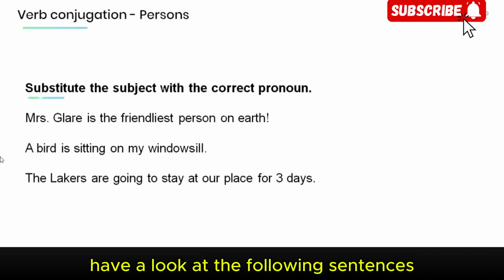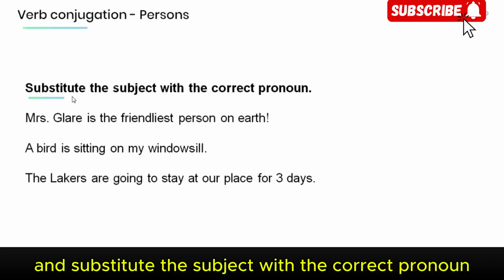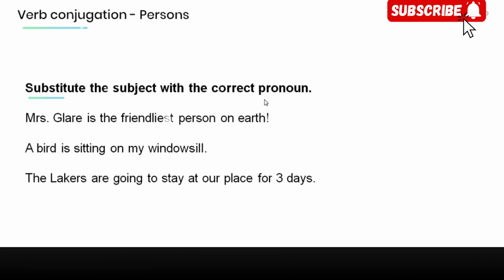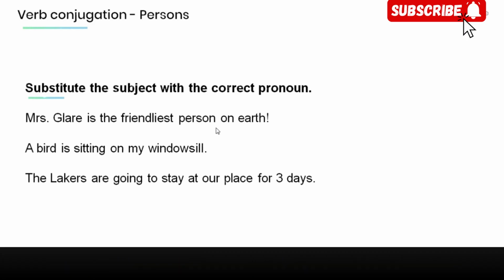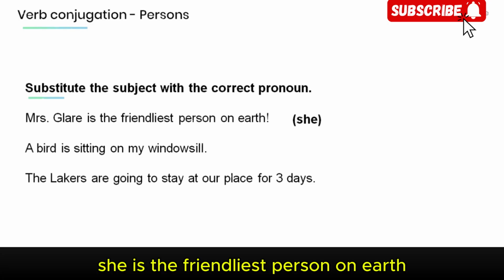Have a look at the following sentences and substitute the subject with the correct pronoun. First sentence, Mrs. Clare is the friendliest person on earth. She is the friendliest person on earth.